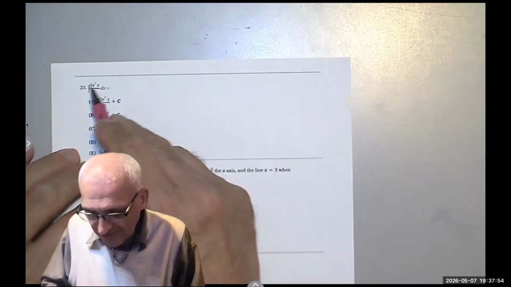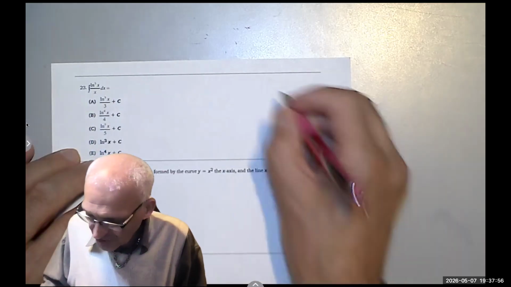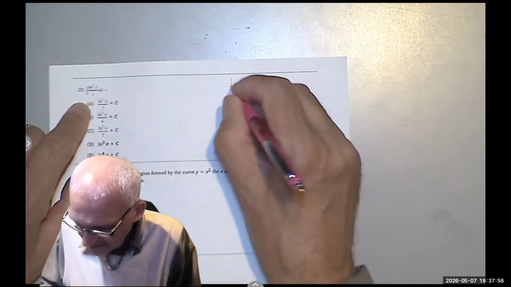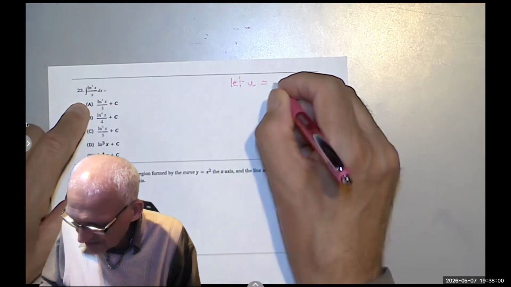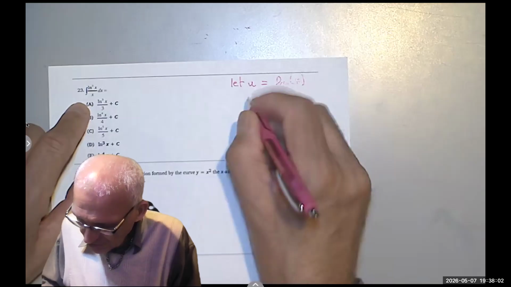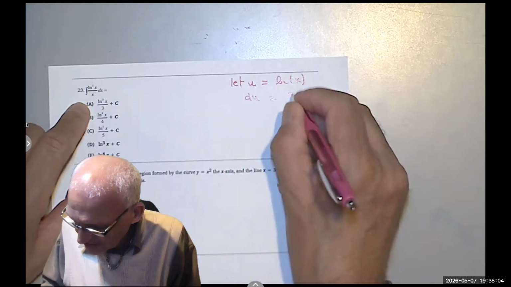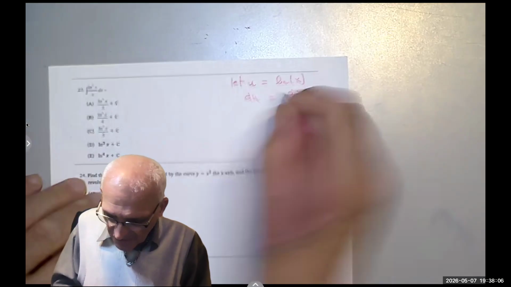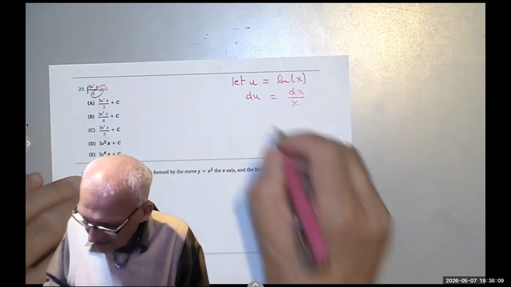Okay, integral of natural log. Again, the derivative of natural log is 1 over x. So you can always say, let u equals natural log of x. So du becomes dx over x. So dx over x is du.